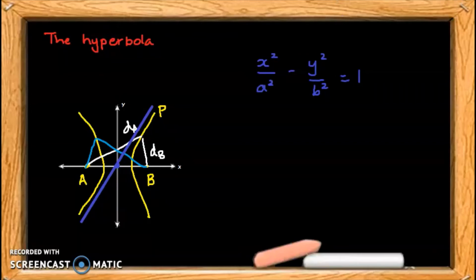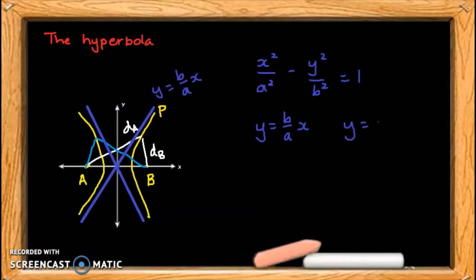So you'll see here, I could draw a diagonal asymptote here, and I could draw another diagonal asymptote here for this yellow hyperbola. The equations of my asymptotes will be y equals b over a x, which will be this line, with the positive gradient, or y equals negative b over a x, which is exactly the same line but with a negative gradient.